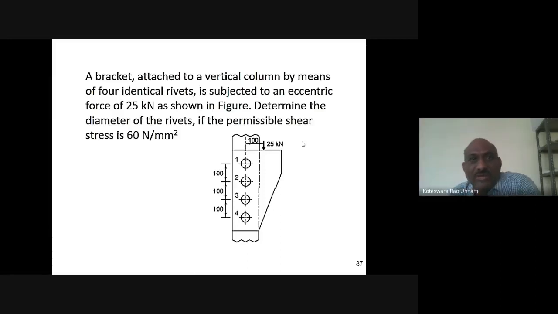A bracket attached to a vertical column by means of 4 identical rivets is subjected to an eccentric force of 25 kilonewtons as shown in the figure. Determine the diameter of the rivets if the permissible shear stress is 60 Newton per mm square. He has given the figure of the bracket also. So, you note down that first, then we'll discuss the solution.